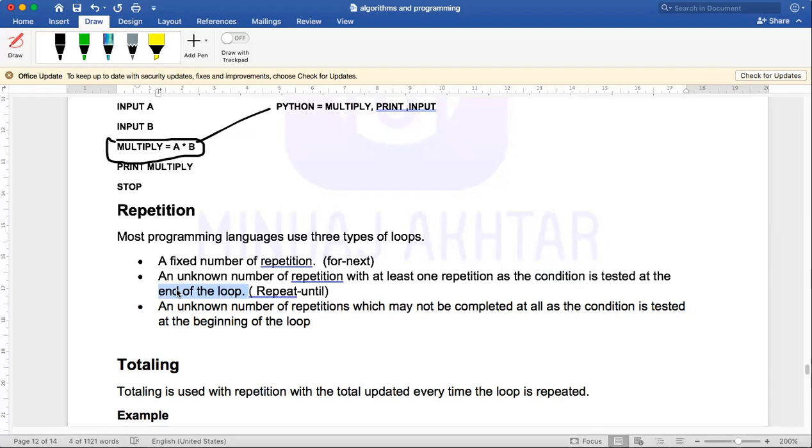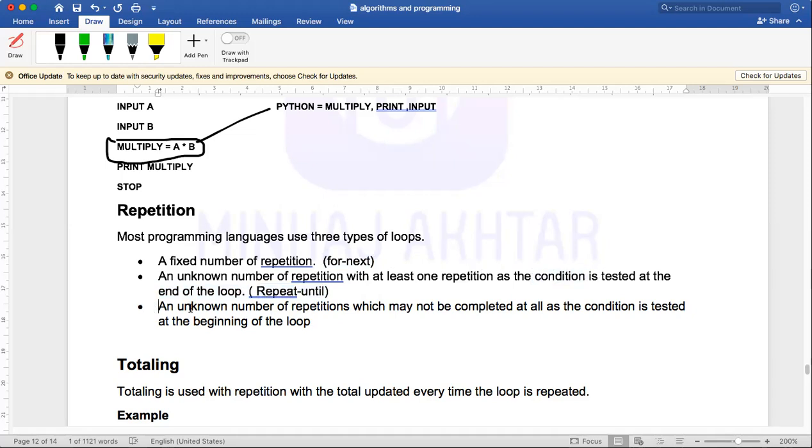It is an unknown number of repetitions with at least 1 repetition, as the condition is tested at the end. The computer checks the condition and repeats the things. So we do not write any fixed number like in for next, where we write 10 or 20 times. In repeat until, it works with the help of a condition.